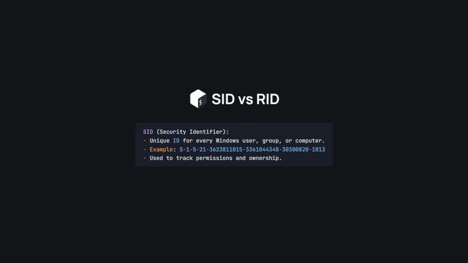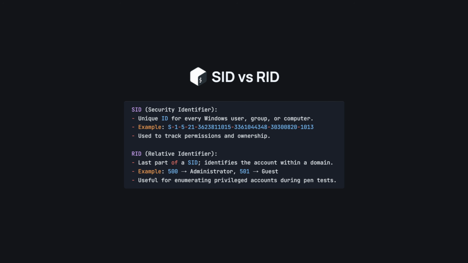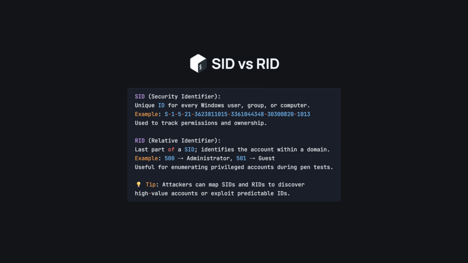We also tried the RID brute because every AD object has an SID, and at the end of every SID is a number called an RID. Now, built-ins are 500 for administrator. That's our goal. 501 for guest, 502 for krbtgt, and real users start at 1000 and go up.